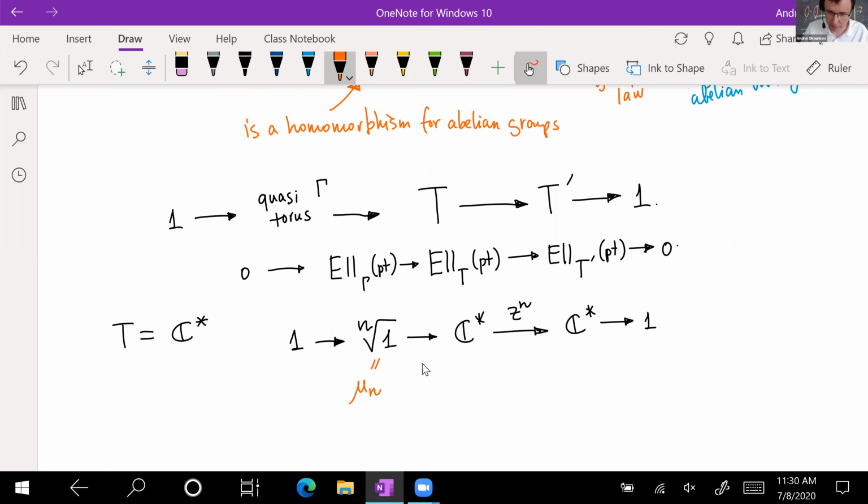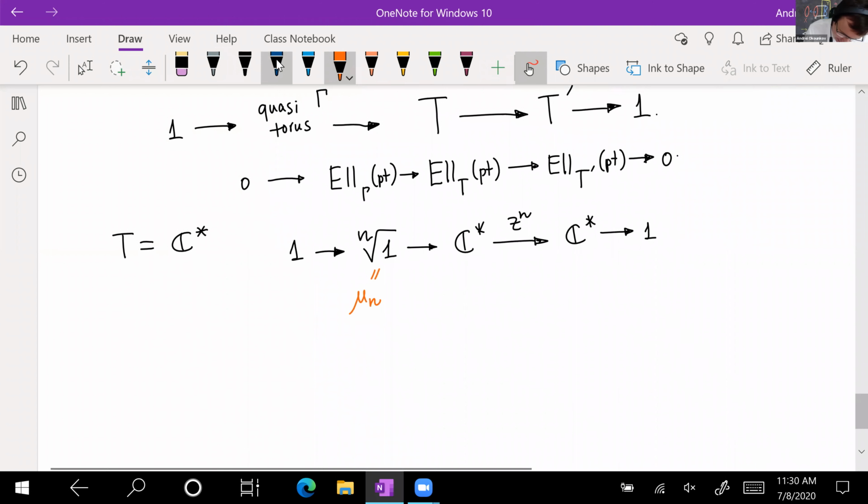This is just notation. And then this says that the elliptic homology would be that. So we decided that the group operation on the torus induces the group operation on elliptic homology. So that would be E.